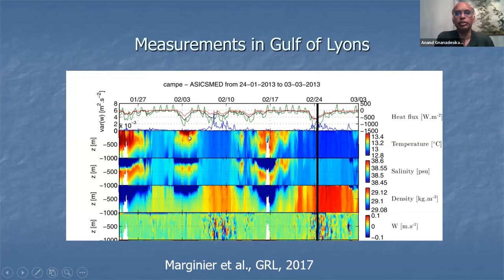This shows the temperature in this particular location, which is in the Gulf of Lyon, just south of Marseille. Temperature, salinity, density, and what you'll notice is that at some particular time periods right here and right here you get a noticeable increase in density, and that increase in density is associated with vertical velocities that go up and down all of about 10 centimeters per second.